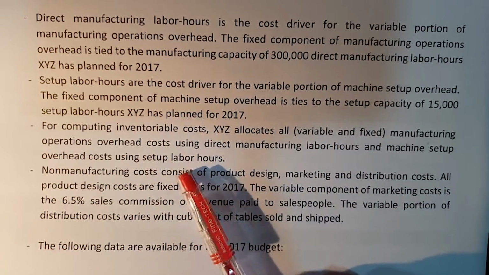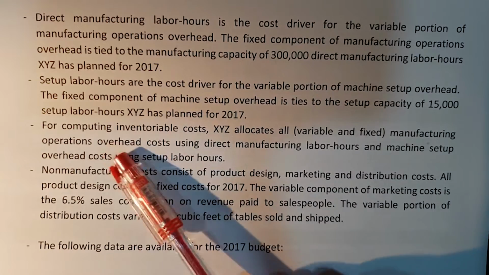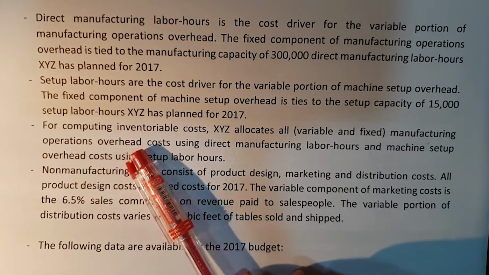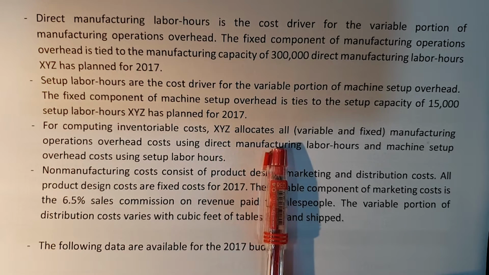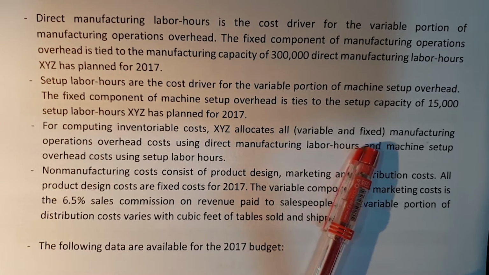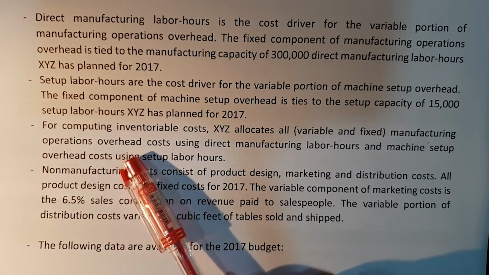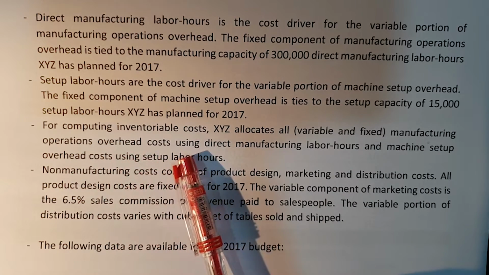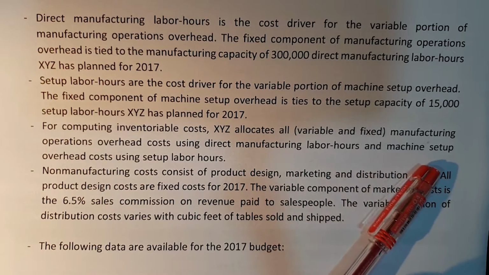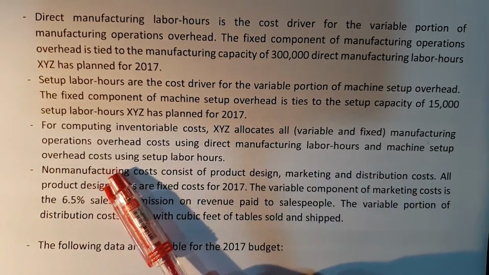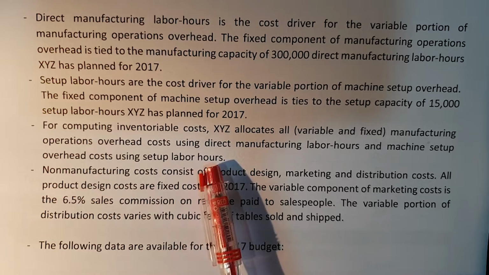We're going to use all of this information in our calculation later on. For computing inventoriable costs, XYZ allocates all, meaning both variable and fixed, manufacturing operations overhead costs using direct manufacturing labor hours, and machine setup overhead costs using setup labor hours.